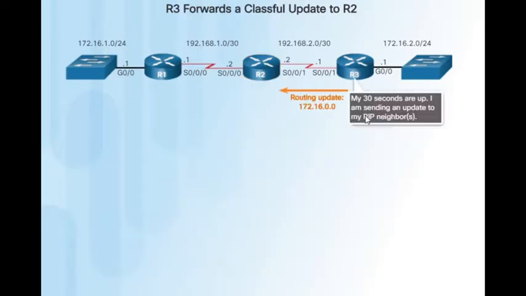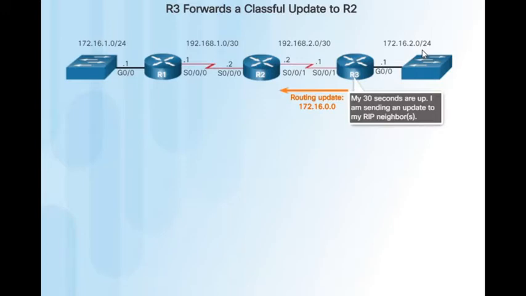This scenario at the same time shows that when R3 on this side forwards an update to R2, it also does not include the subnet mask information. So instead of sending the 172.16.2.0 network, it will revert to automatic classification of this address into class B by not including the subnet mask, because that is the behavior of classful routing.